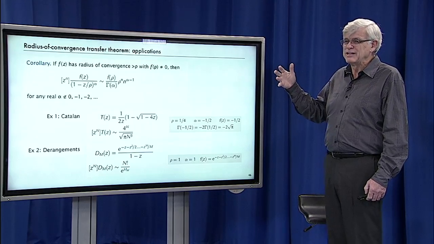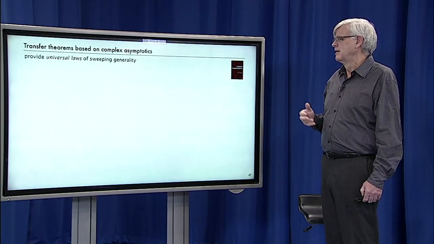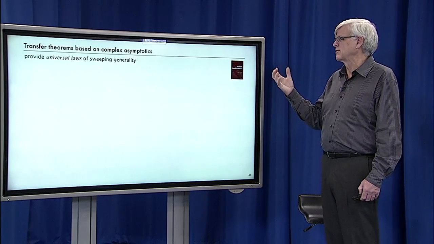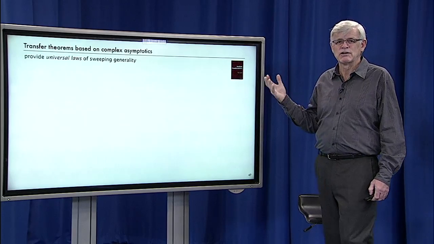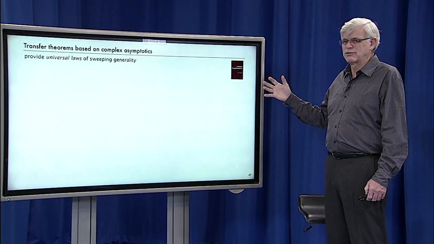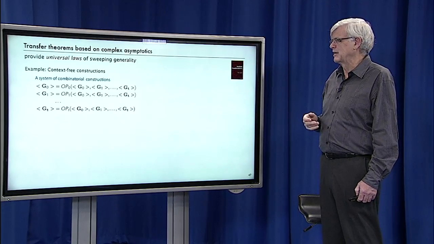And this is really just the beginning. What part 2 is going to be devoted to is the idea of really universal laws that we can get from transfer theorems based on complex asymptotics. And I'll just talk through one. There are a lot of technical details, just to give you some idea.